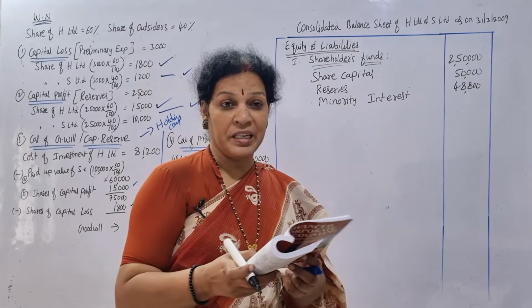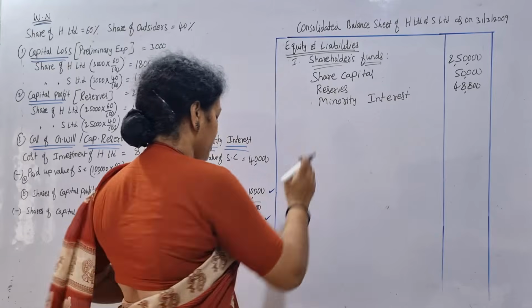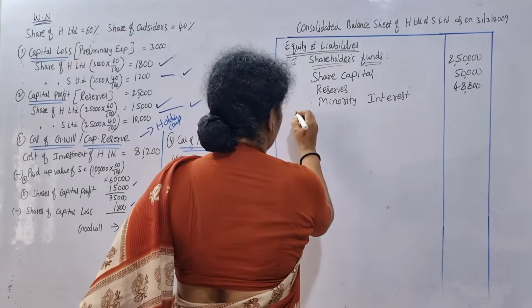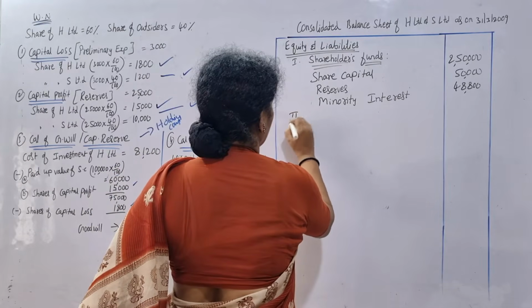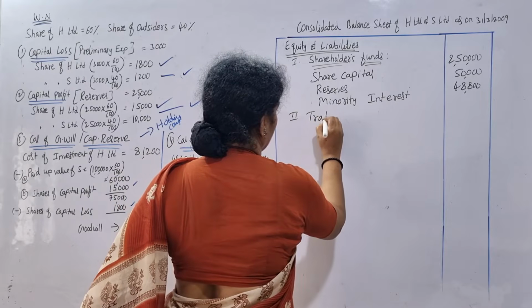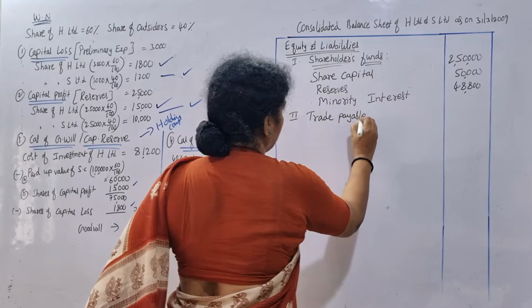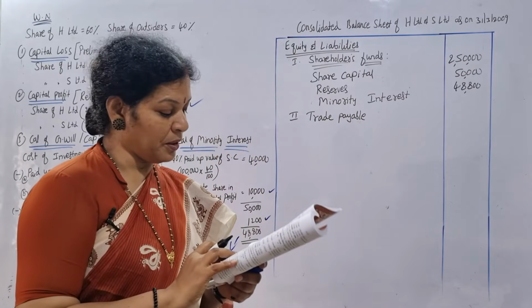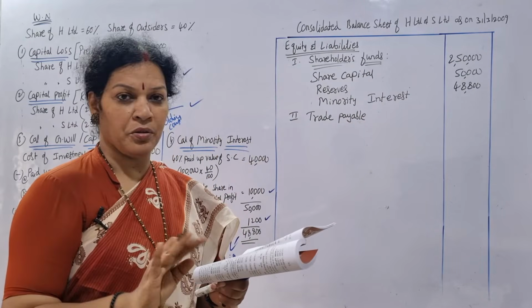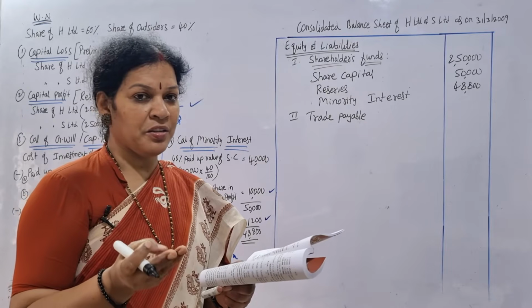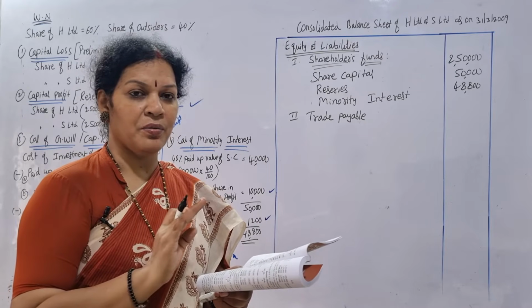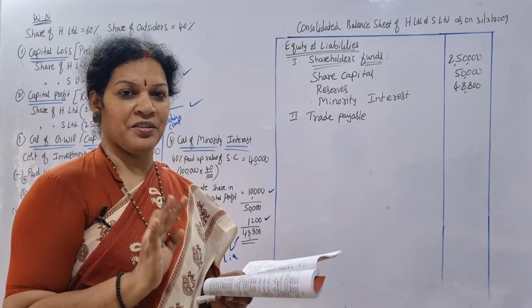Apart from that, creditors are there. Creditors, what do you say? You'll say it as trade payable. We don't say directly creditors, trade payable. How much is it? 40,000 plus 30,000 combined. Current liabilities, current assets, fixed assets, always add and write, isn't it?